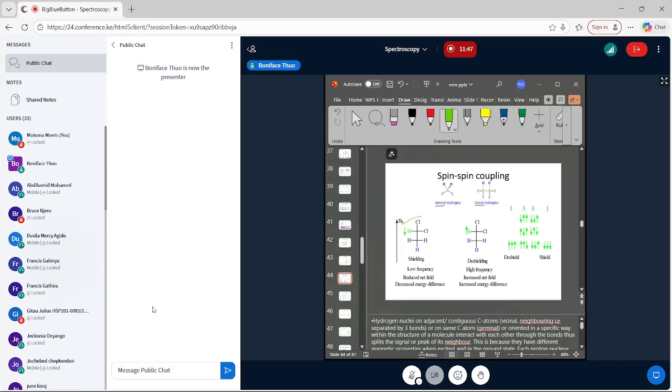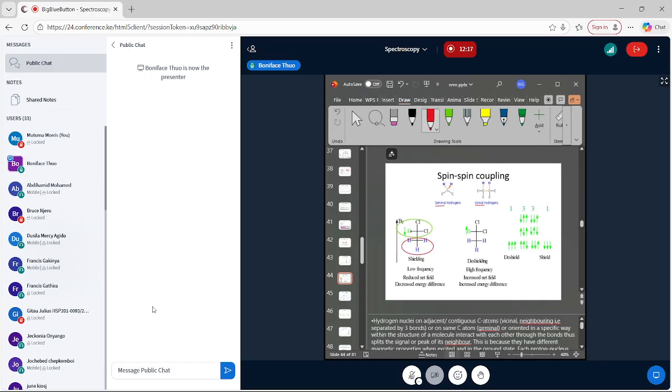Now we have this hydrogen, okay, which is attached to the carbon bearing the two chlorine atoms. We also have these three hydrogens which are bound to the other carbon, okay?